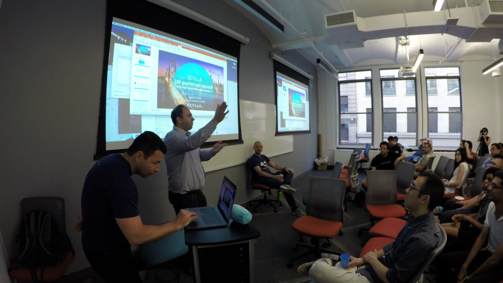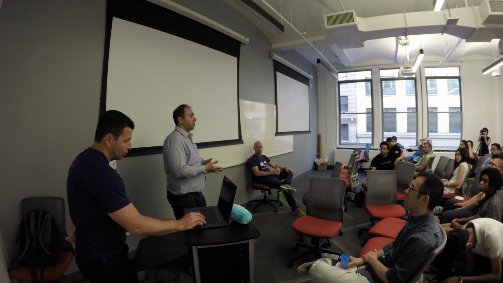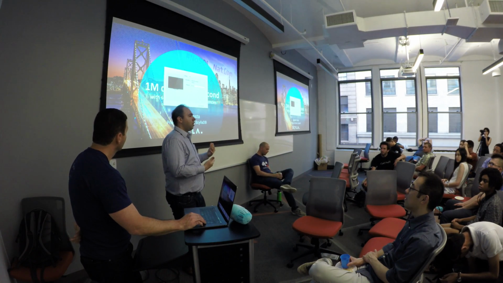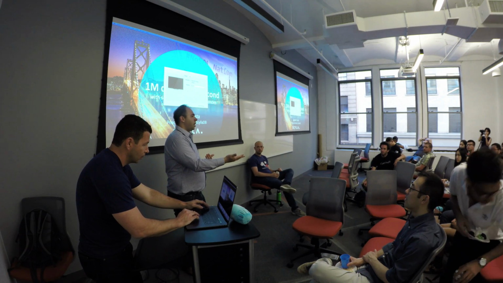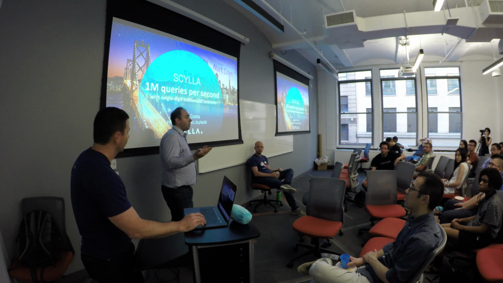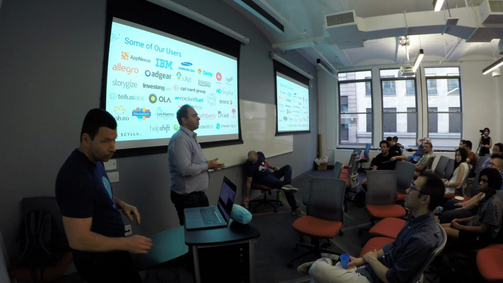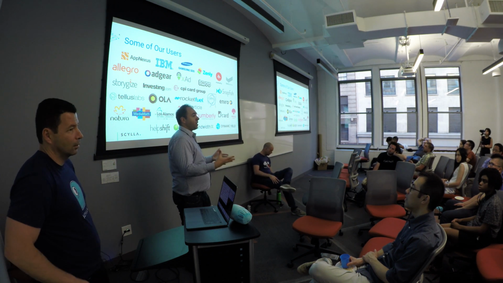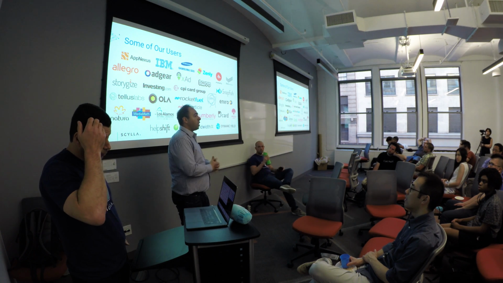We can help you if you have 15 minutes outside. But if you look at the history of Scylla and our users, this one particular user that you mentioned is not using Scylla to the best of my knowledge, while plenty of others are. In their case, it might just have to do with the fact that they have a lot of committers to the Cassandra project, so it's stuff that they know pretty well.